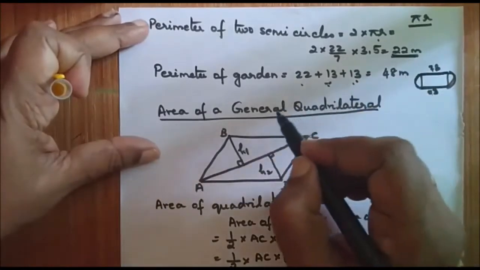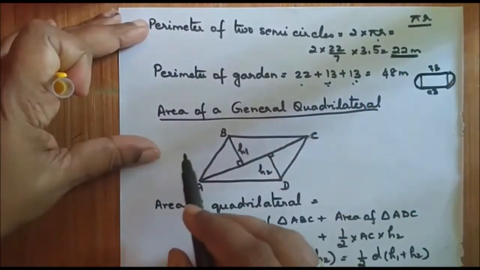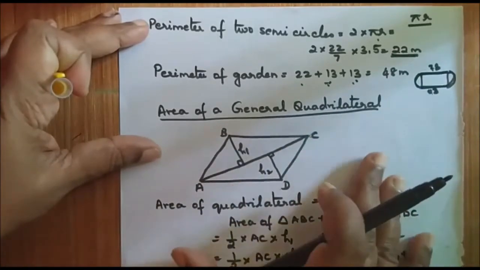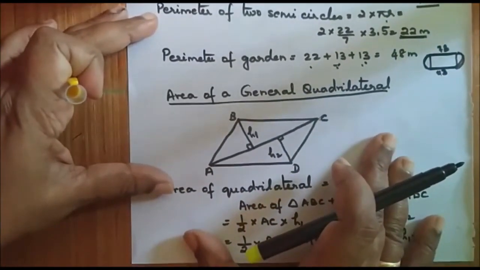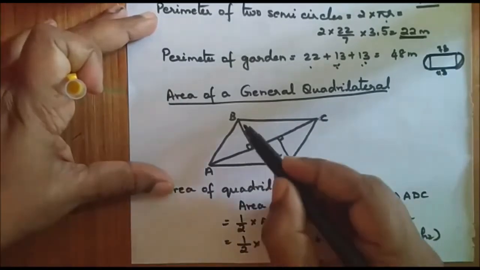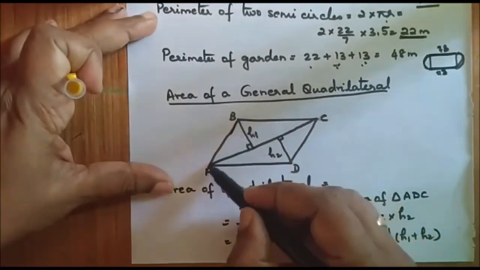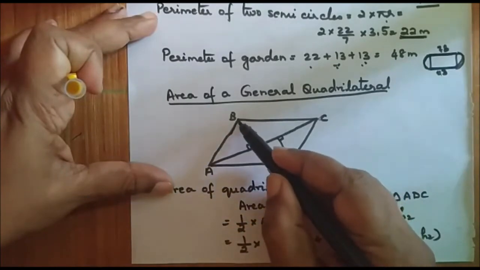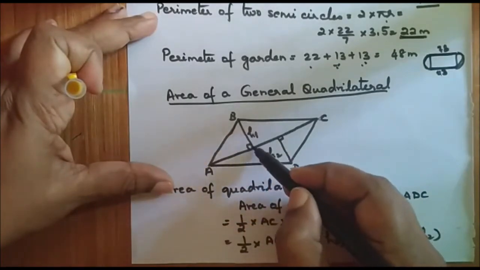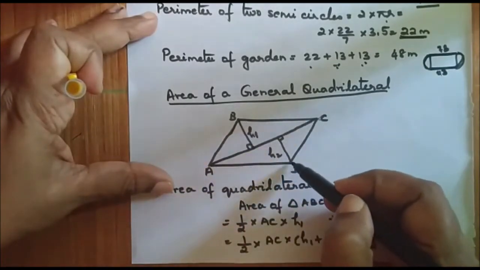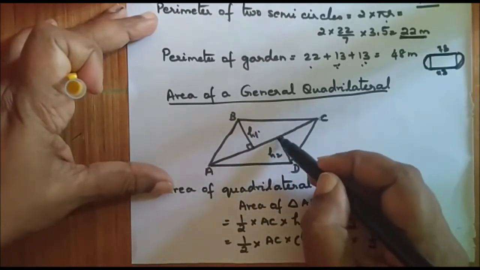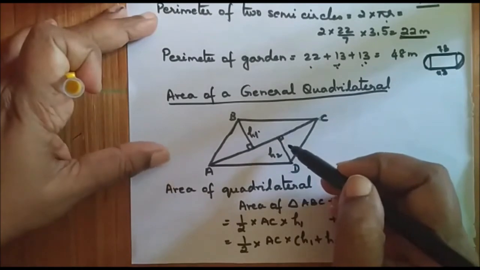Okay. Now we'll go to the next formula, that is area of a general quadrilateral. We will just see how we deduce the equation. Now let us take this quadrilateral ABCD in such a way that I draw a perpendicular from B to the side AC, and this is called H1, and from D to the side AC is H2.